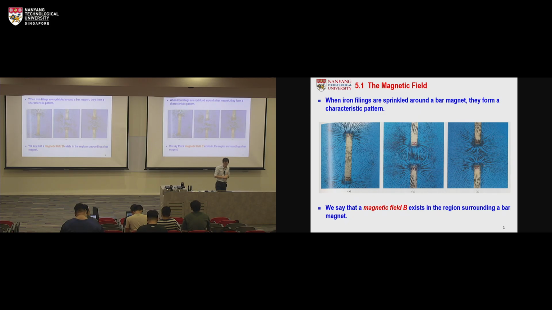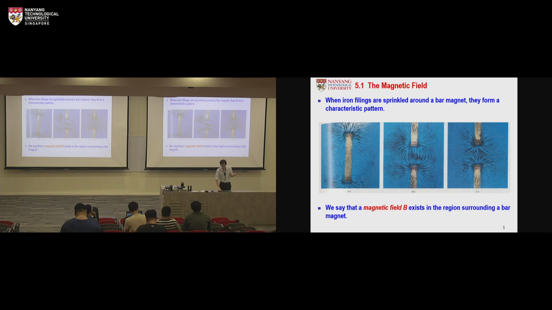So basically, it tells you there's some kind of force between these two, right? And also there's a field surrounding the magnet, just like what happens surrounding the charge, right?